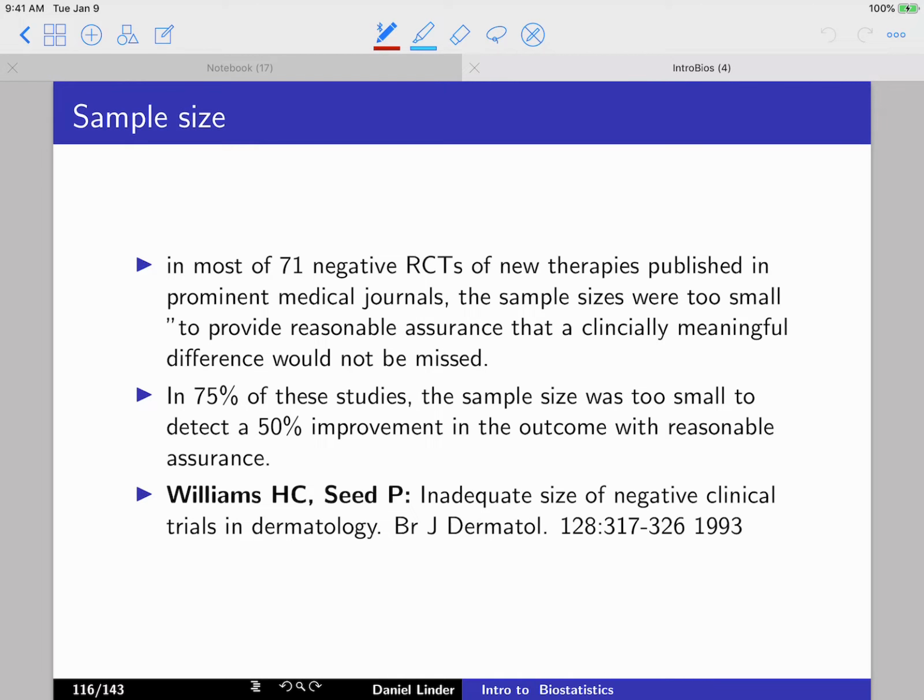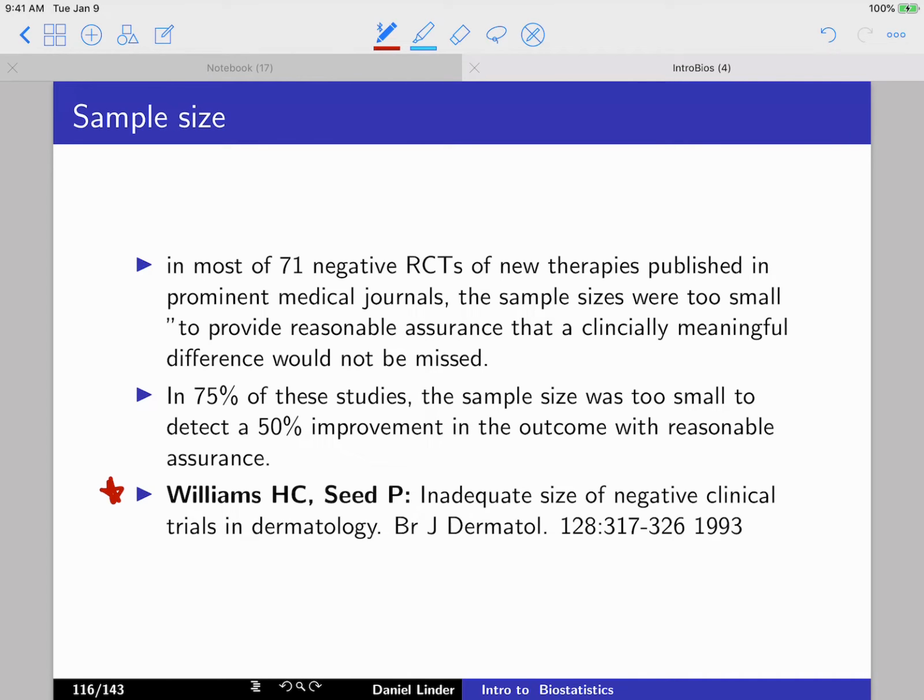Case in point, there was a study that looked at 71 negative randomized controlled trials of new therapies published in prominent medical journals. Essentially the conclusion was that the sample sizes were too small to provide a reasonable assurance that a clinically meaningful difference would not be missed or could be detected.